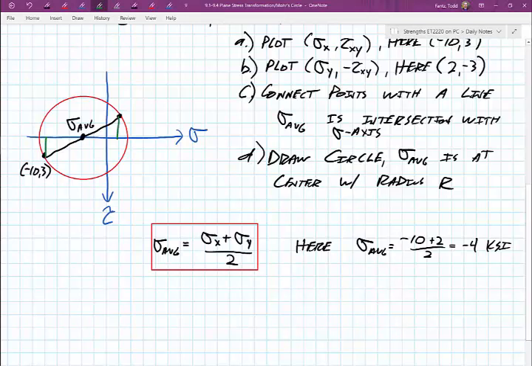Either one of these, I could draw a triangle, and I can find the relationship for these sides. And I know that this value over here is our tau xy, and the length of this side over here is sigma x minus sigma y over 2.